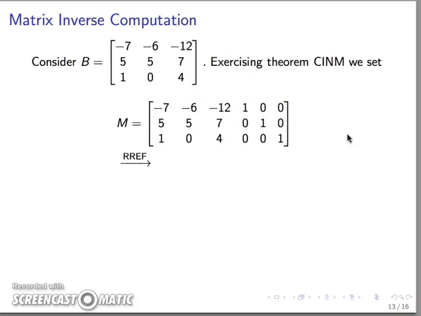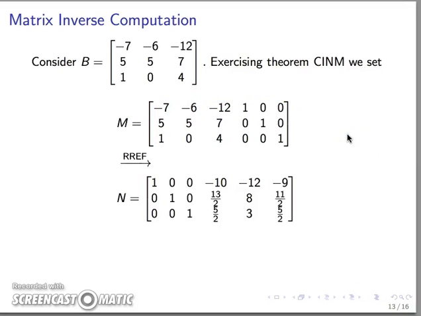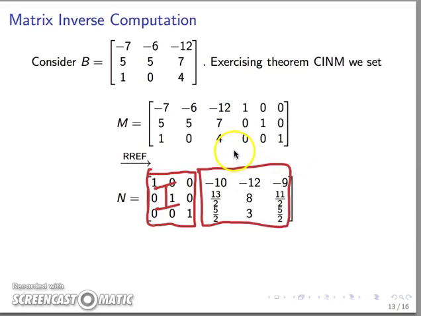Let's see what we obtain. This is row reducing to this matrix, and this square here is the identity, and this matrix here is the matrix we were calling J in that theorem.